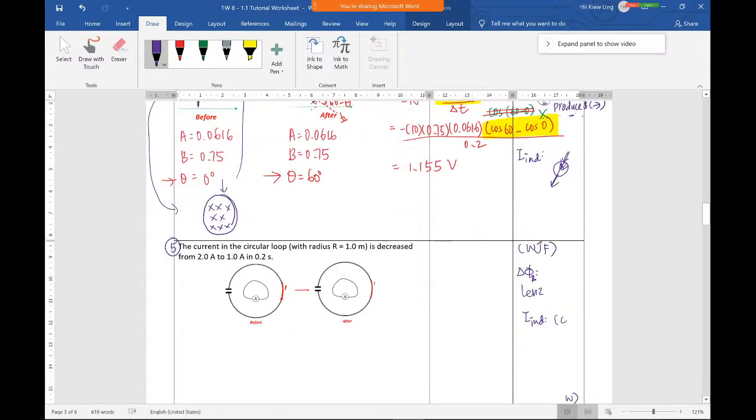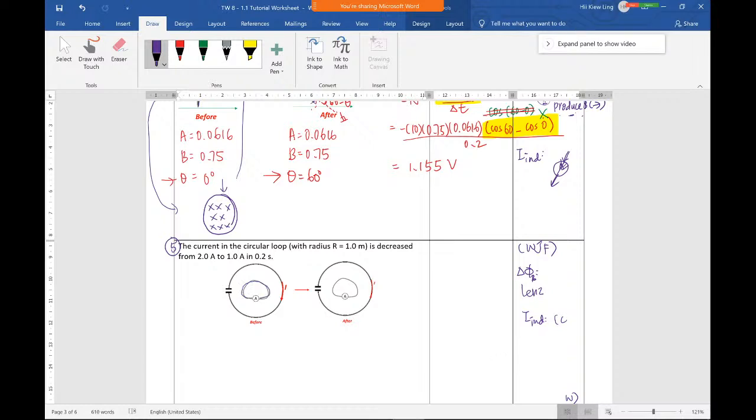So now let's look at question 5. You have a loop, and we have to determine the induced current.